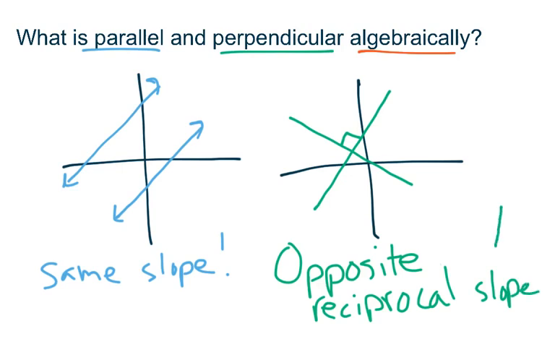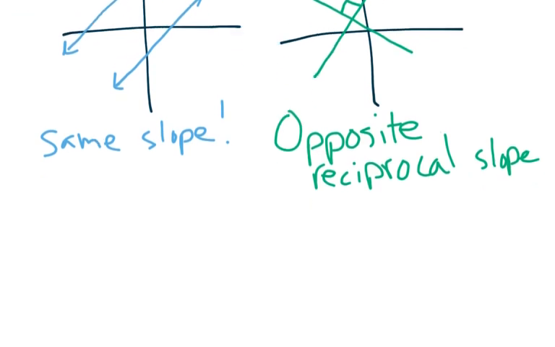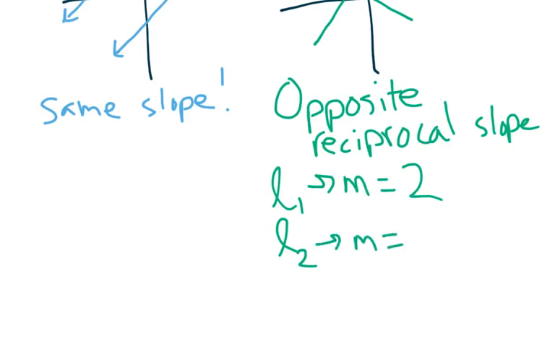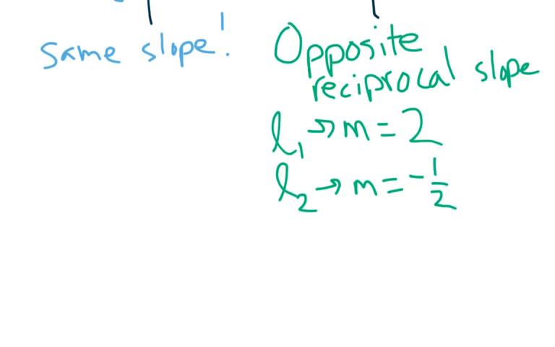Let's say we had one line and its slope was 2. If we want another line, line number 2, to be perpendicular, its slope would have to be the opposite reciprocal. Opposite means different sign, so it's going to be negative, and it's going to be 1/2. Let's run through a few more numbers.